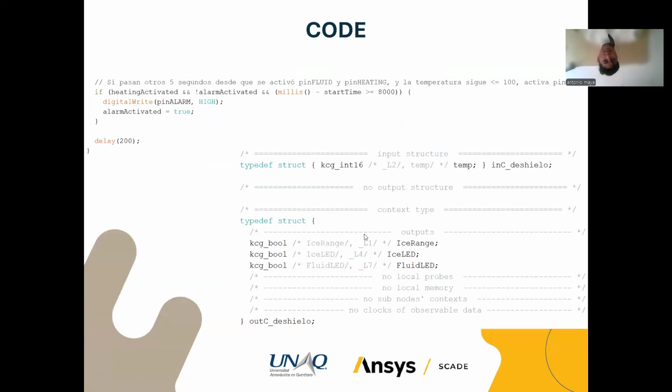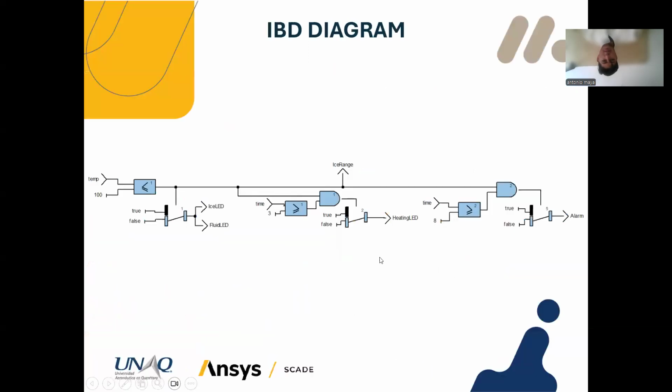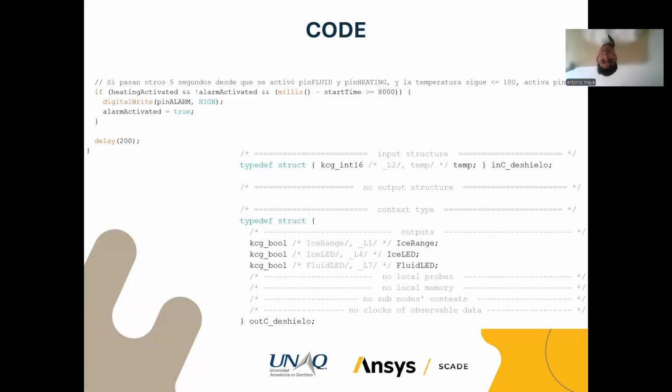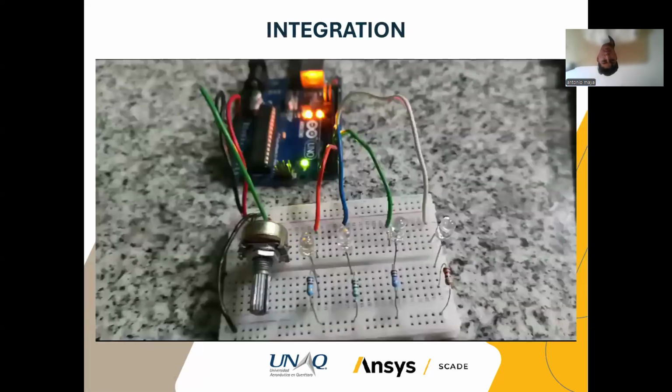Yeah, ice and fluid. But in the later version of this code, these two subsystems are also indicated there. I just didn't notice this before. So this is the integration system.